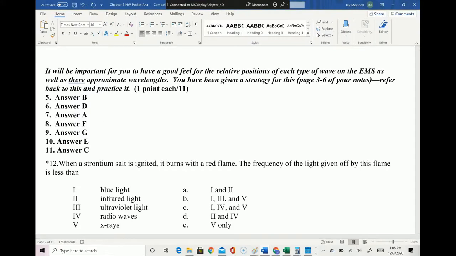One last one here. When strontium salt is ignited, it burns with a red flame. The frequency of light given off by this is less than, okay, now we're talking frequency, so red light's going to be at the left end, right? And so it's going to be less than everything to the right of that.